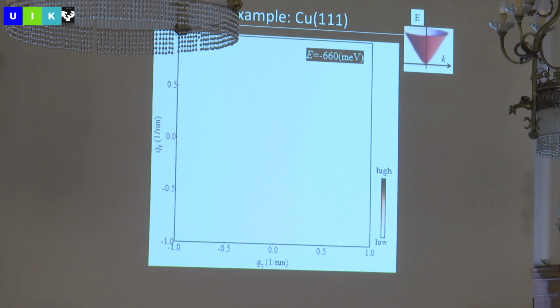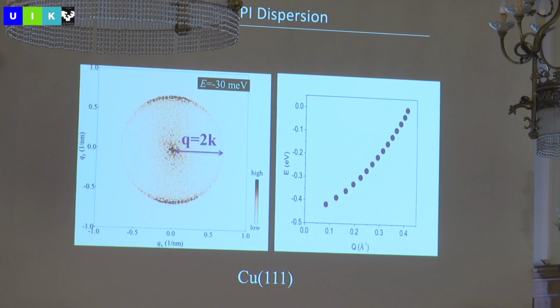And so here's the data. Let's say I go from the bottom of the band and show you the Fourier transforms as we get to higher energies. You can see that the size of the circle gets bigger and bigger and bigger. And that's dispersion, right?